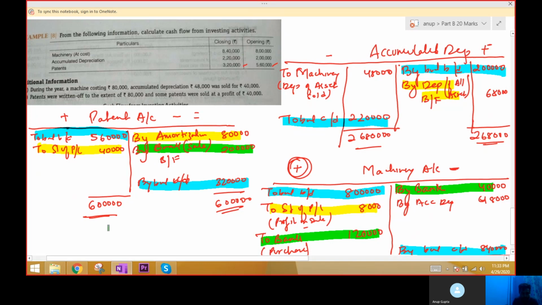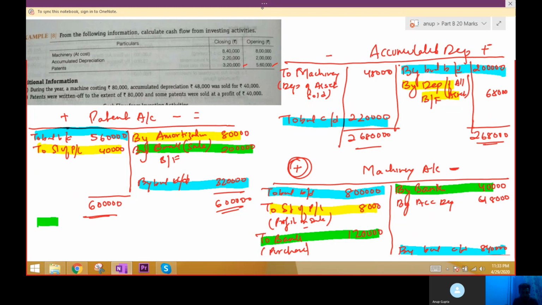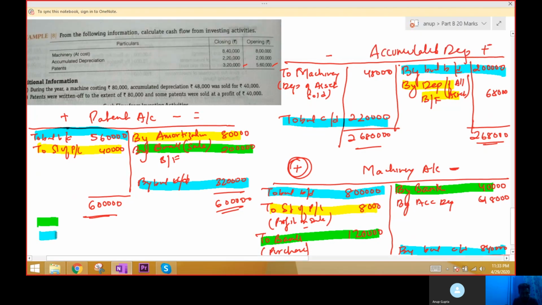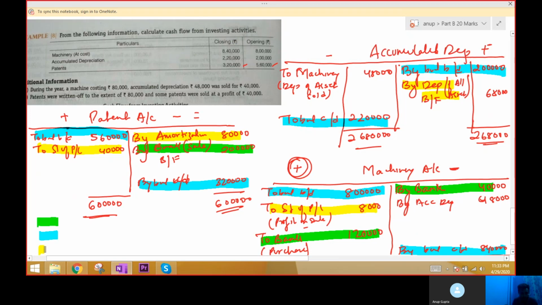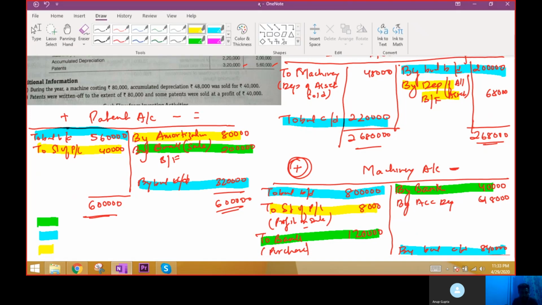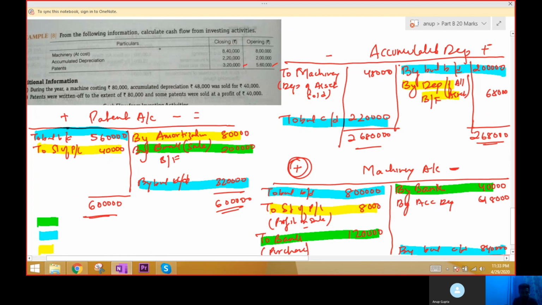So we can conclude that the green line is investing activity, the blue line is of no use and will not be recorded anywhere, and the yellow line will go in operating activity.